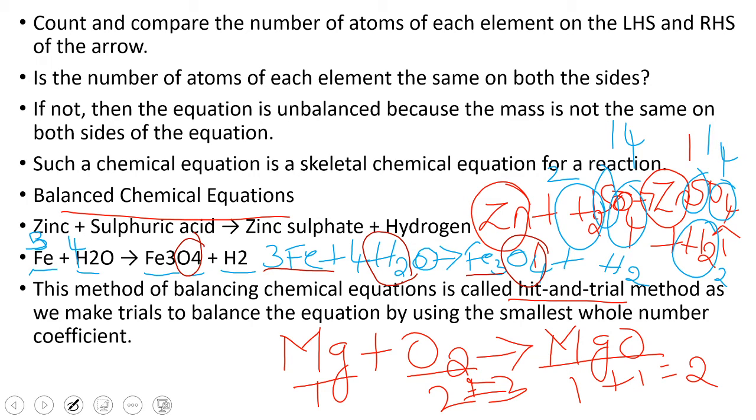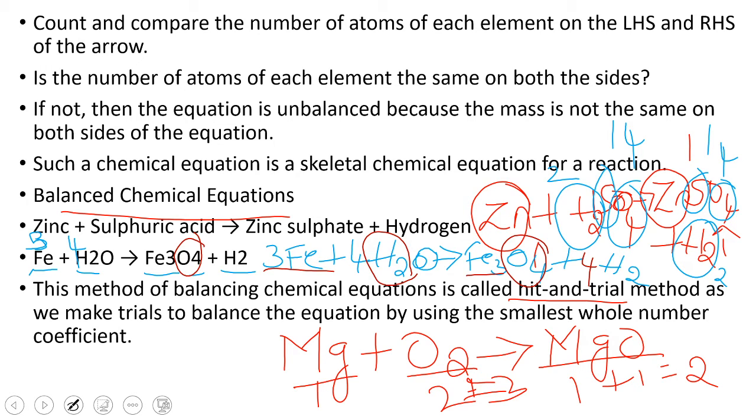So I will write 4 here. Then 4 twos are 8. Here 8 hydrogens are there, here also 8. 3 irons, 3 irons. 4 oxygens, 4 oxygens. Now the equation got balanced. So this is just the hit and trial method I have done. In order to balance the equation, you have to go on adding numbers. That's the hit and trial method.